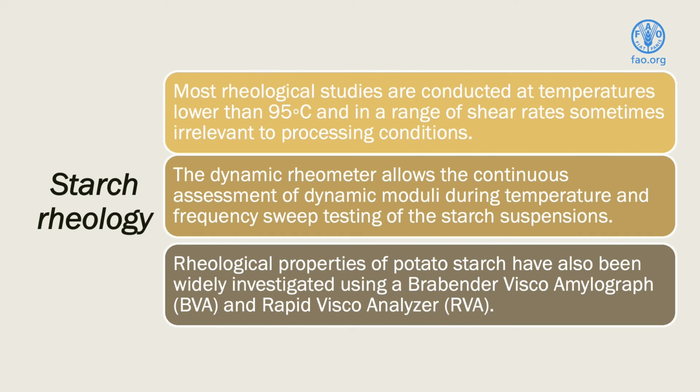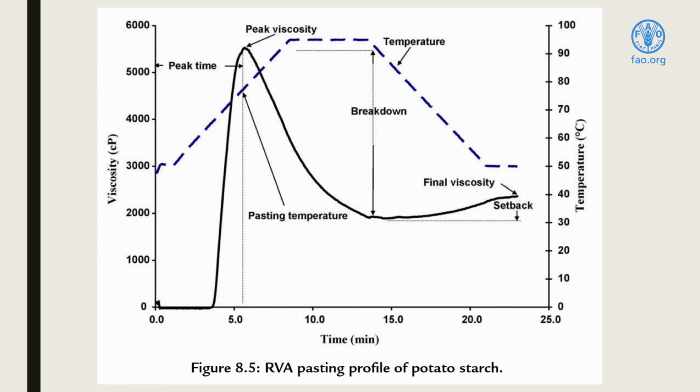Rheological property of potato starch has also been widely investigated using Brabender viscoamylograph and rapid visco analyzer. Here is the result of the RVA rapid visco analyzer test, the pasting profile of potato starch. From this graph, we can determine pasting temperature.